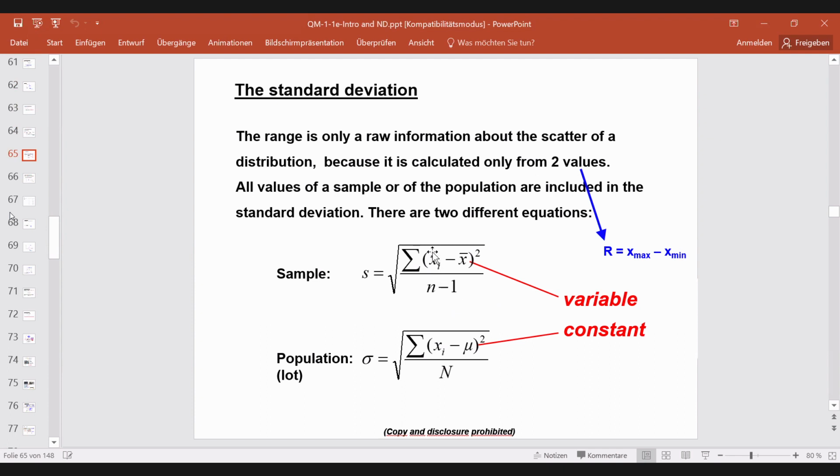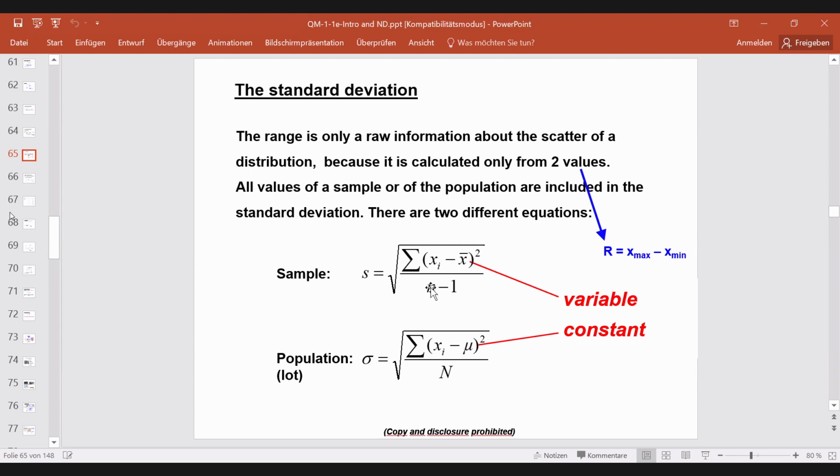You take all the measurements minus the mean of the sample, square it, and then calculate the sum of all these differences, measurement minus the mean value squared, for every measurement in the sample, divided by n minus 1.